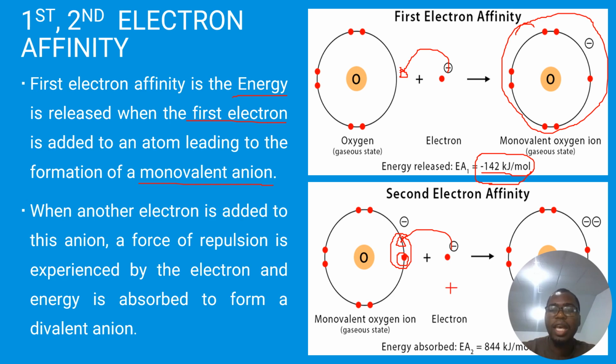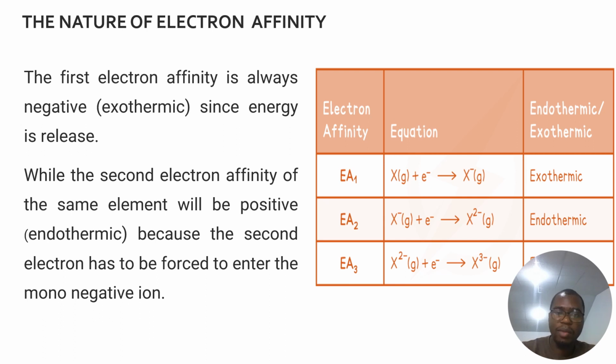Therefore, it is endothermic. So just to summarize, the first electron affinity is released, meaning it's exothermic, so the energy is negative. The second one, due to the repulsion, is endothermic, which gives us a positive value.